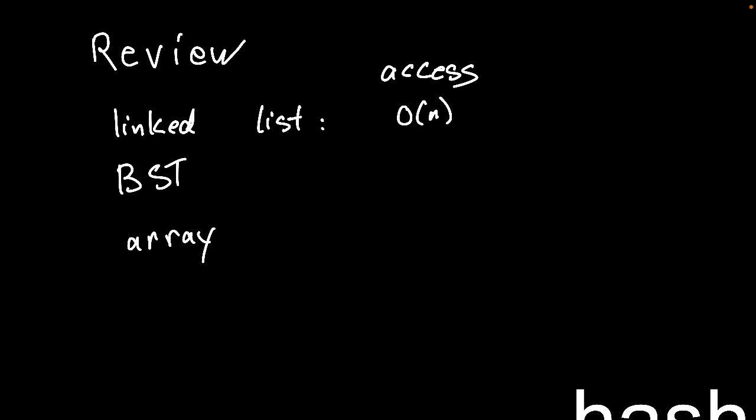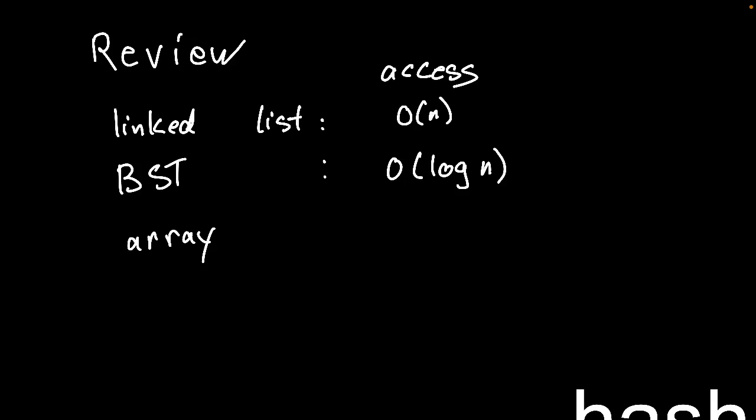A binary search tree, of course, had bigger nodes, but what was the access for a binary search tree? We were able to get back to a binary search, so it was big O of, what was it? Yeah, you're back to logarithmic time access. And what about for an array?